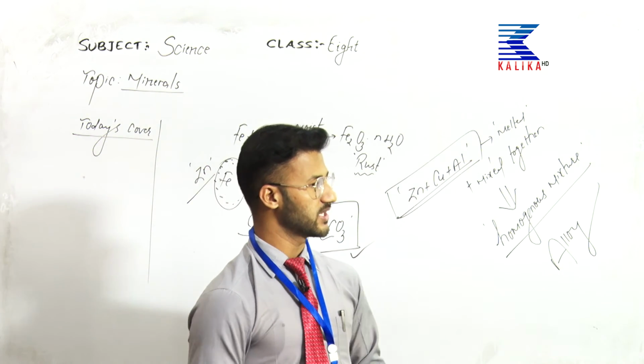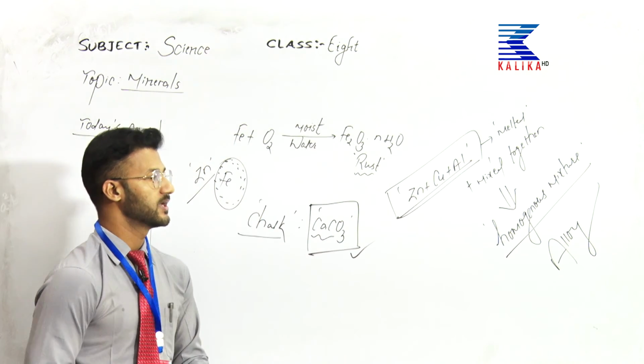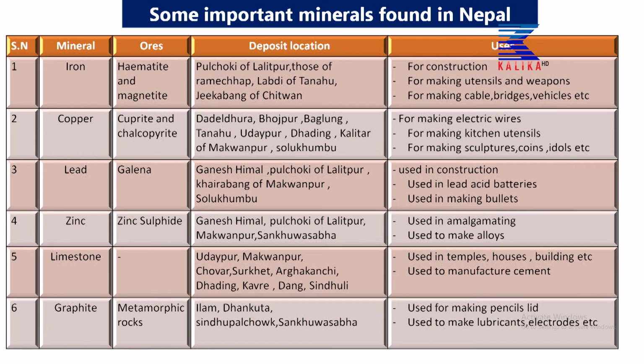Okay, the last one you can see again on your screen is graphite. Graphite is found or collected from different metamorphic rocks, and the deposit locations are Ilam, Dhankuta, Sindhupalchok, Sankhuwasabha, and some other places as well. Its use is for making pencil lead.